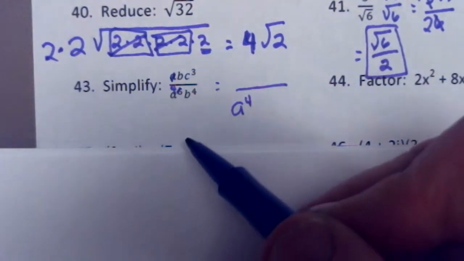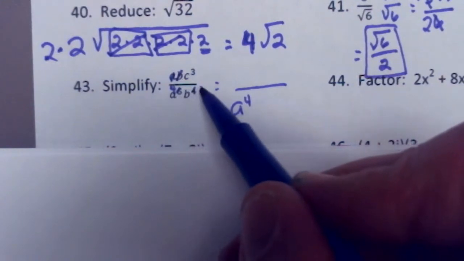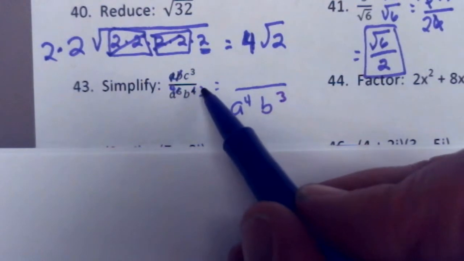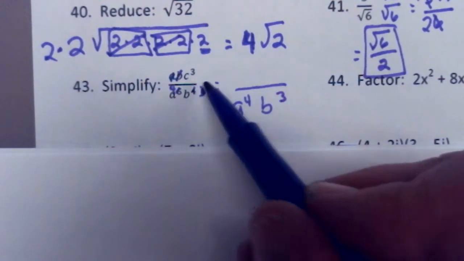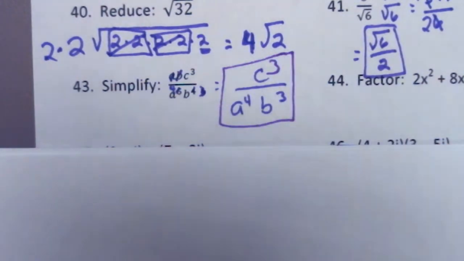Then I have b over b to the fourth. I'll take one of the b's out, and in the denominator I'll have a b to the third left. Now, I just have a c to the third left for the numerator. I can't cancel it with anything. Okay, so that's the answer to 43. C to the third over a to the fourth, b to the third.